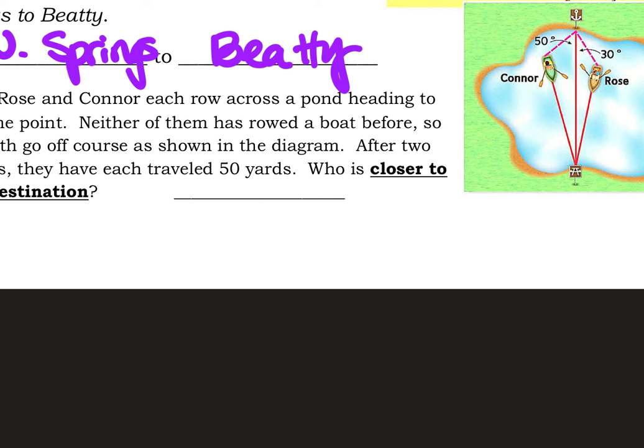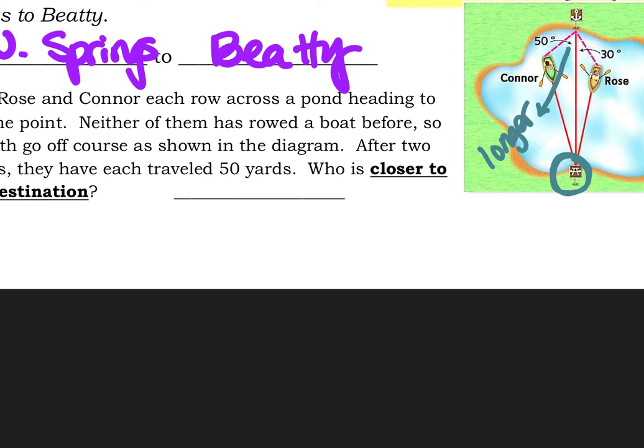So your destination is here. That's where they're trying to get to. Now, the side across the 50, is that going to be longer or shorter than the other one? Is 50 the bigger number or the smaller number? The bigger number. So this is going to be the longer side.